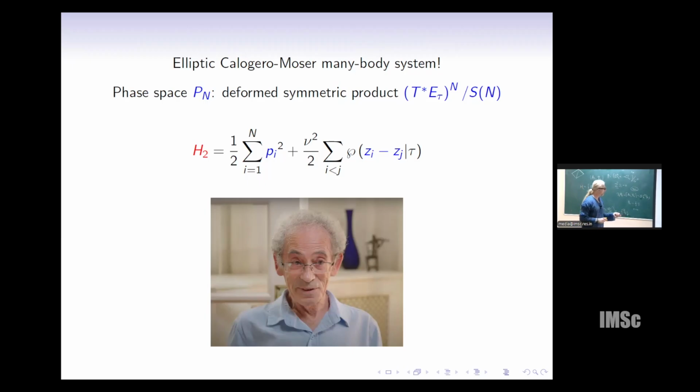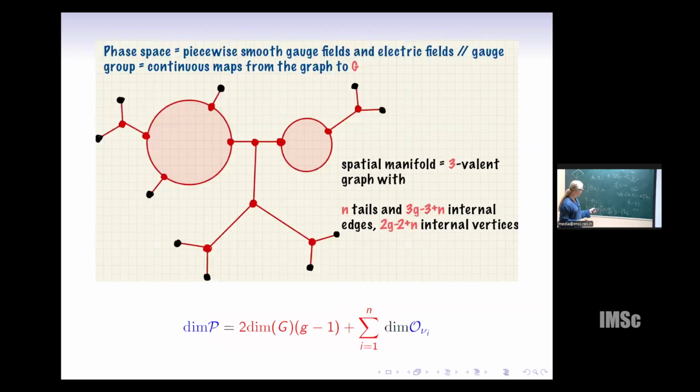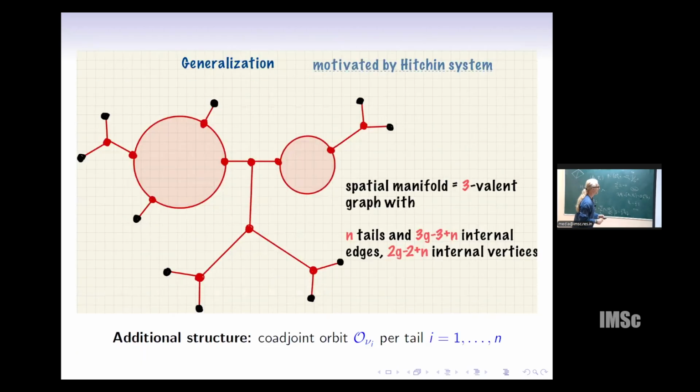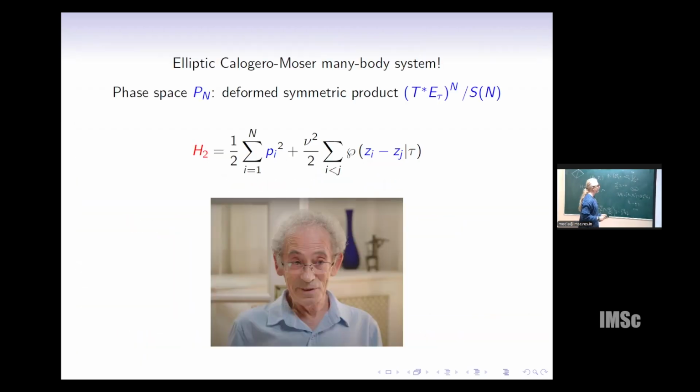So Igor Krichever, 7 years before Hitchin introduced his system, found the solution of this equation without solving this equation. He was not looking to solve this equation. He just found the Lax operator for the system, something which makes it explicit that it's an integrable system.